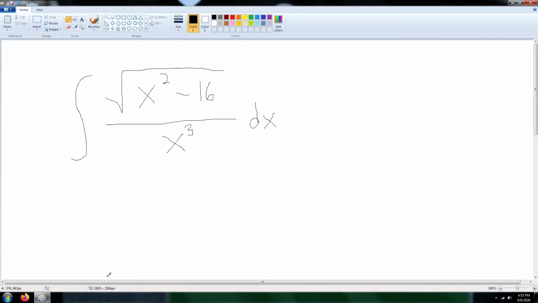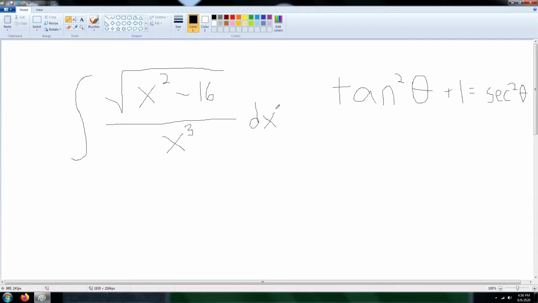Well, you have tangent squared theta plus 1 equals secant squared theta. That's supposed to be a theta.